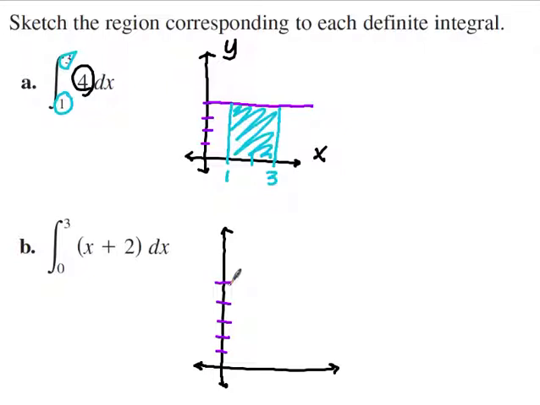At positive 2, it's got a y-intercept. And what can you tell me about the slope? Its slope is 1. So 1 over 1 is going to put me about right here, and then right here. This says from 0 to 3 are my limits. So I'm just going to come over here to 3, and there we go.